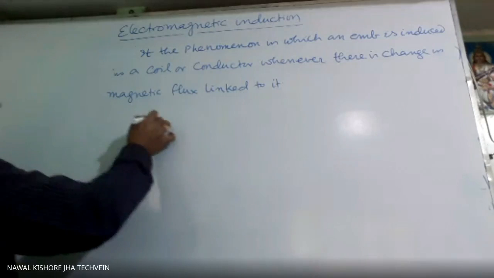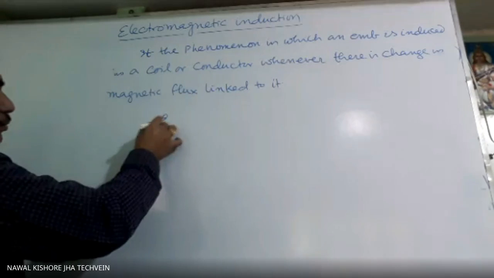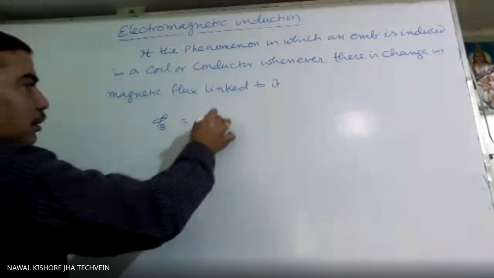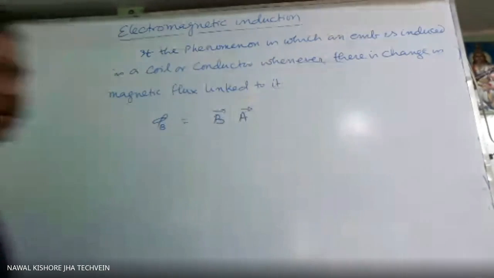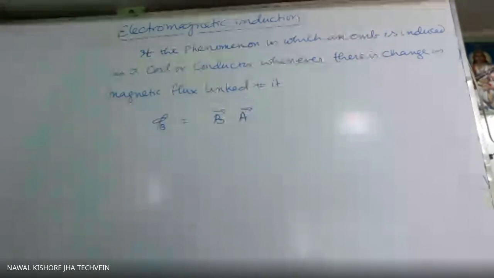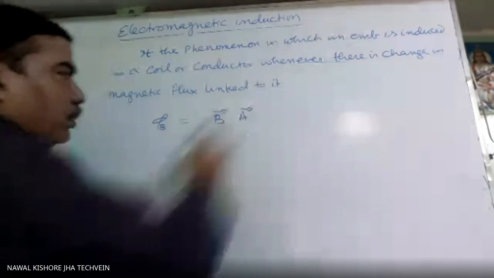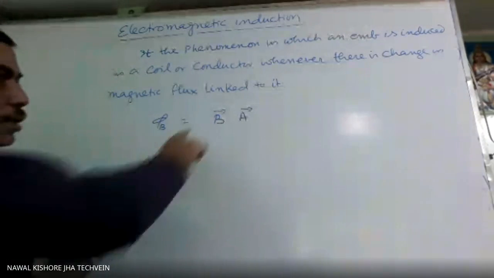So what is this magnetic flux? This is the dot product of magnetic field intensity and area vector, B dot A. If B is uniform, we can use this.